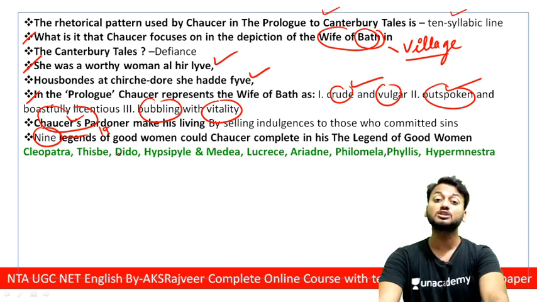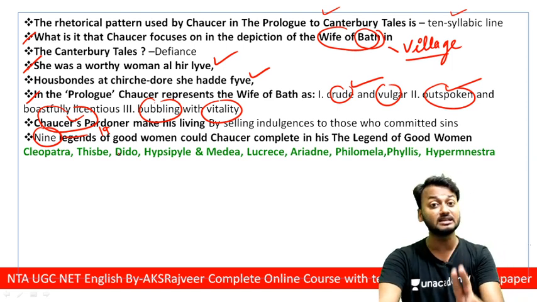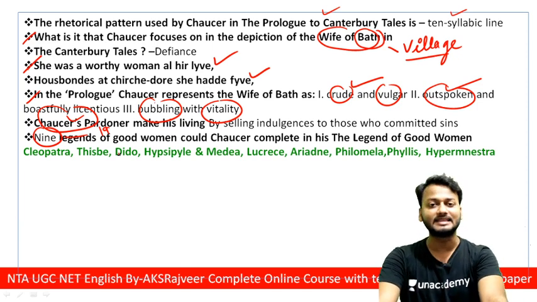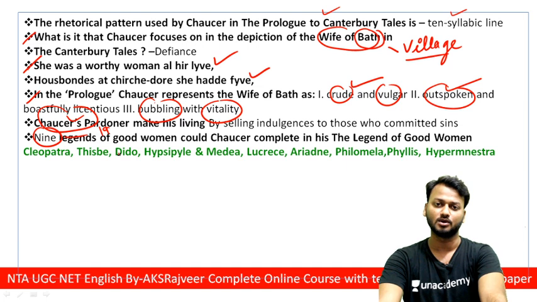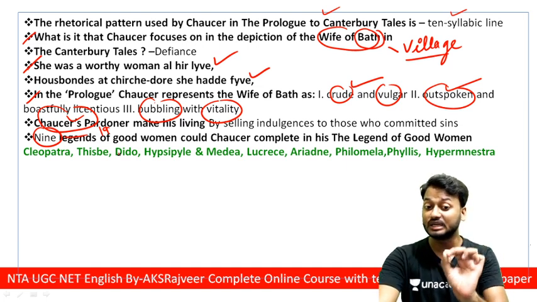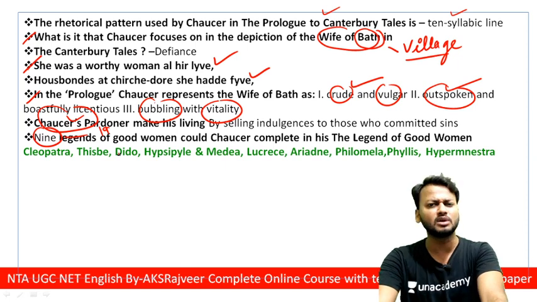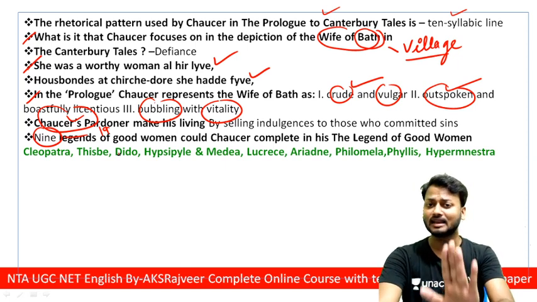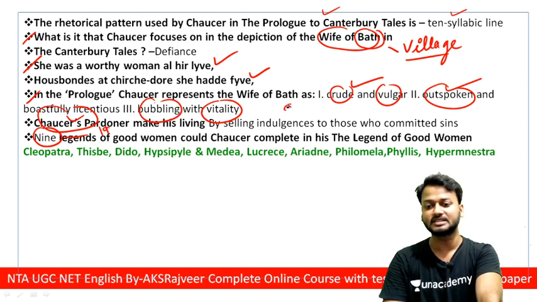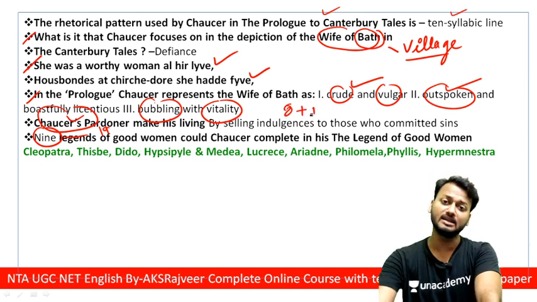Geoffrey Chaucer planned to write about nineteen good women, but unfortunately this is an unfinished work, and only nine tales are there. But learners, you must remember: eight completed and one incomplete.